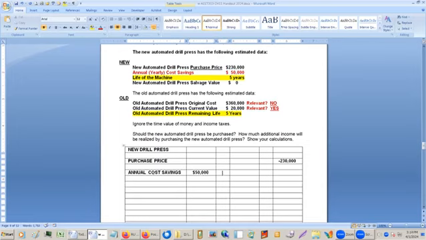And it's going to do that for the next 5 years. $250,000, plus or minus? Yep, good. So this will be a plus.